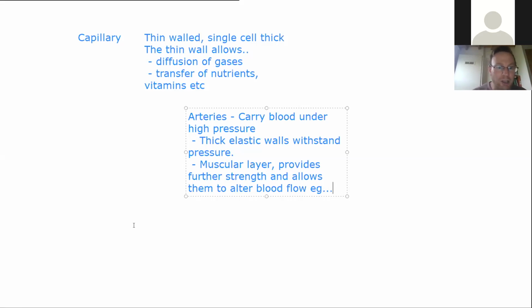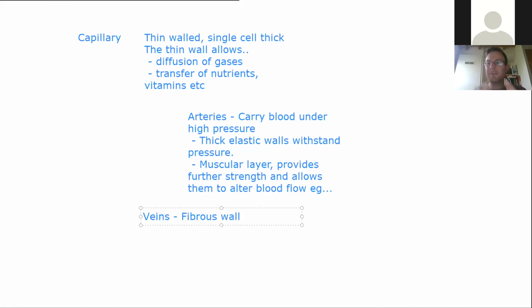Good. So lastly, what special feature are we saying about veins? So veins. They have a slightly more fibrous wall, a little bit baggier.